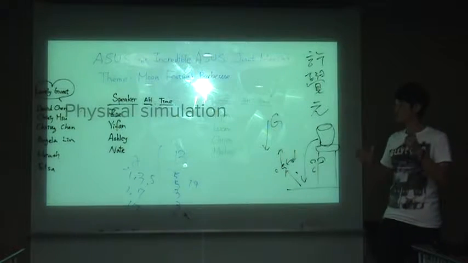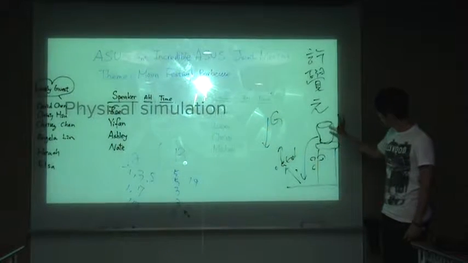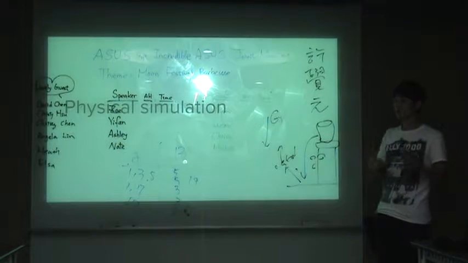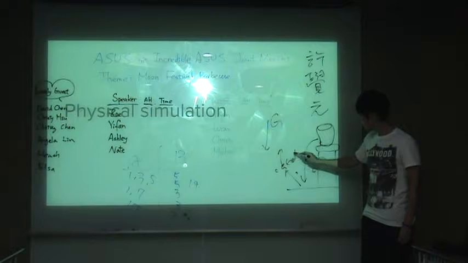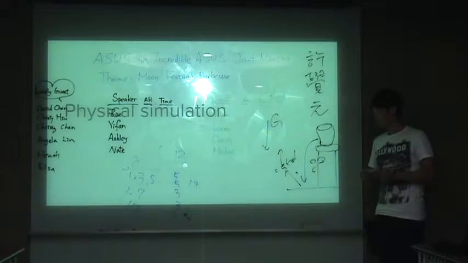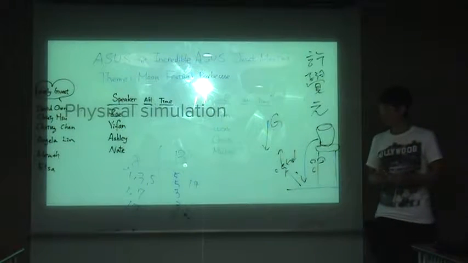If animators want to show an animation of a glass falling on the ground and smashing apart, it would be very troublesome for them to draw the movement of each piece, and it costs a lot of time. So that's how physical simulation was developed.